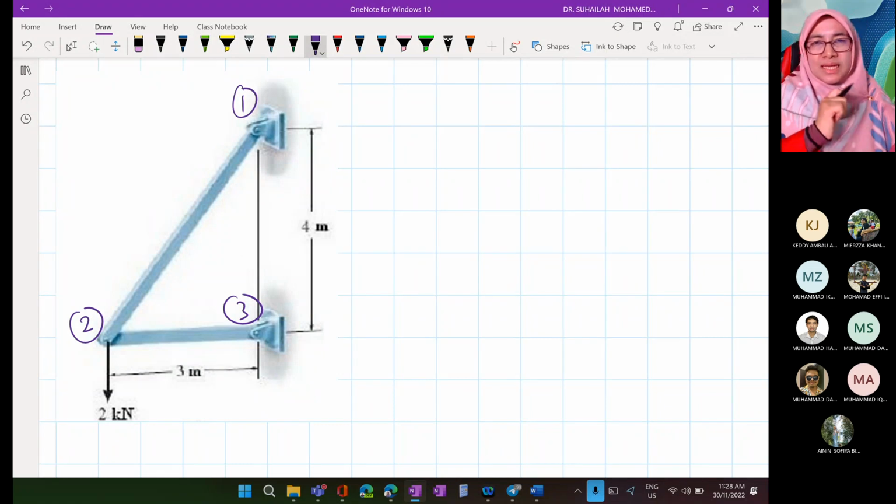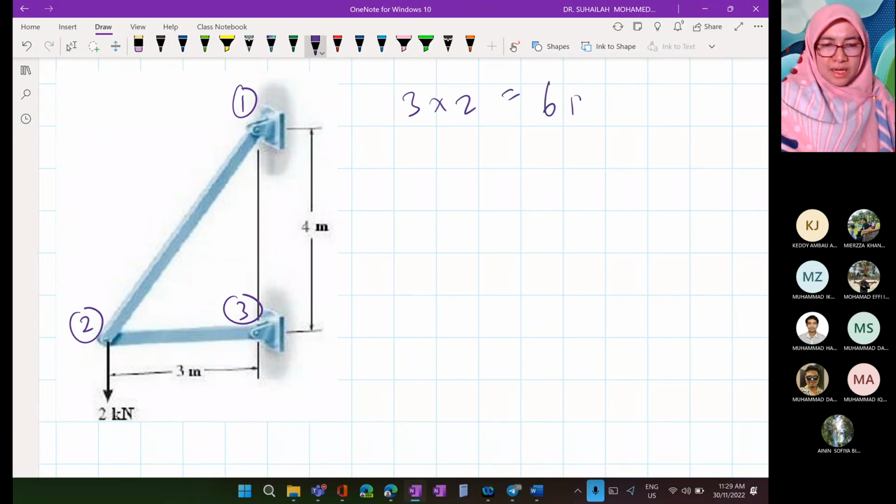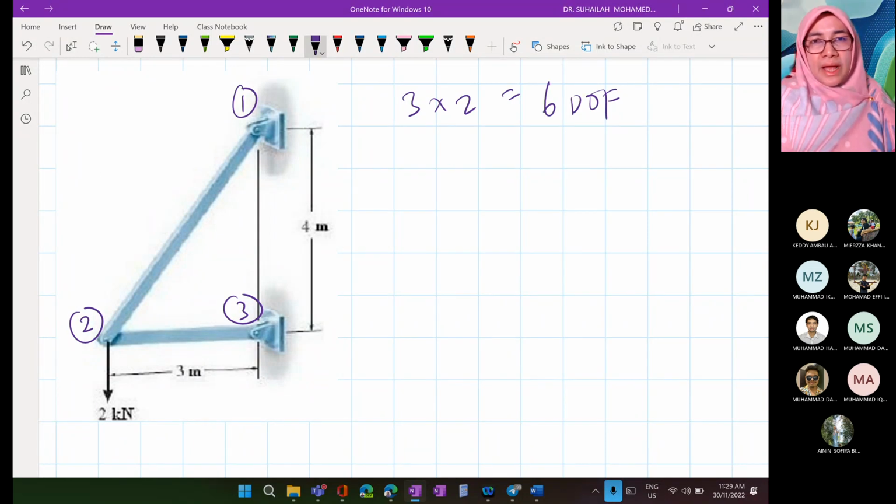The most important thing is that it has a label. There are 3 nodes, which means 6 degrees of freedom, because there are 2 in each node.